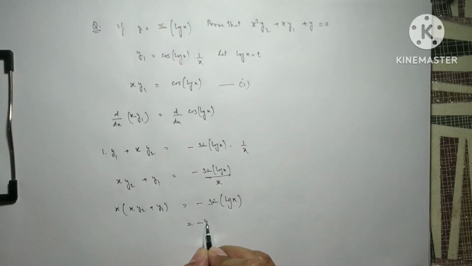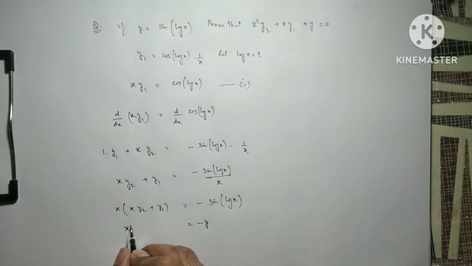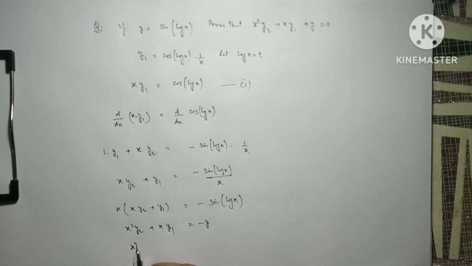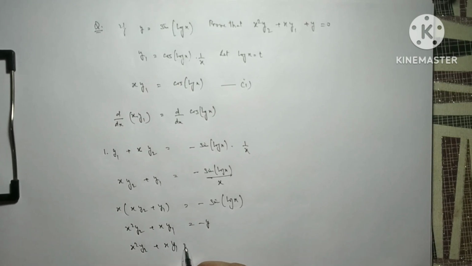So it is minus y, and this is x square y2 plus x y1. So you get x square y2 plus x y1 plus y equals 0.